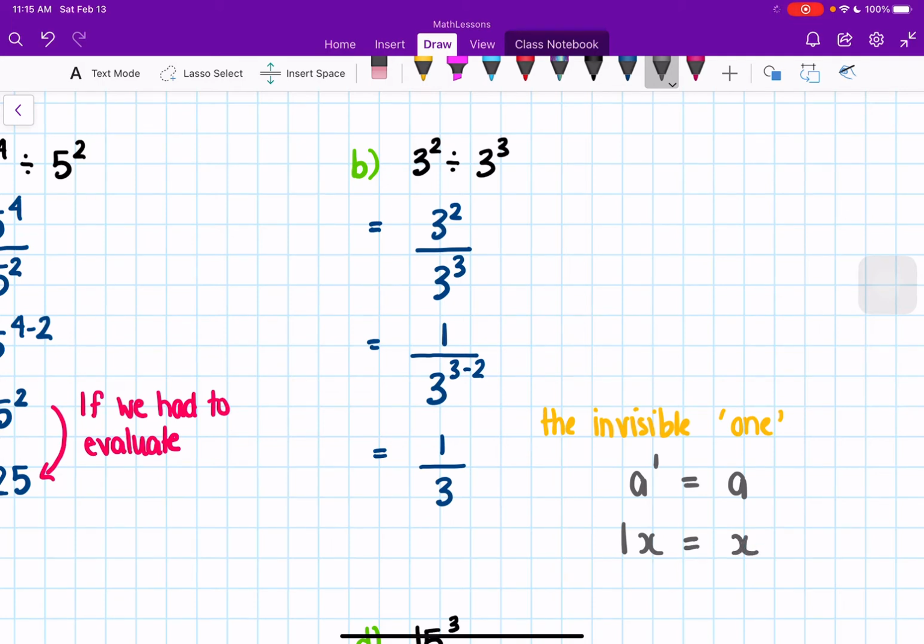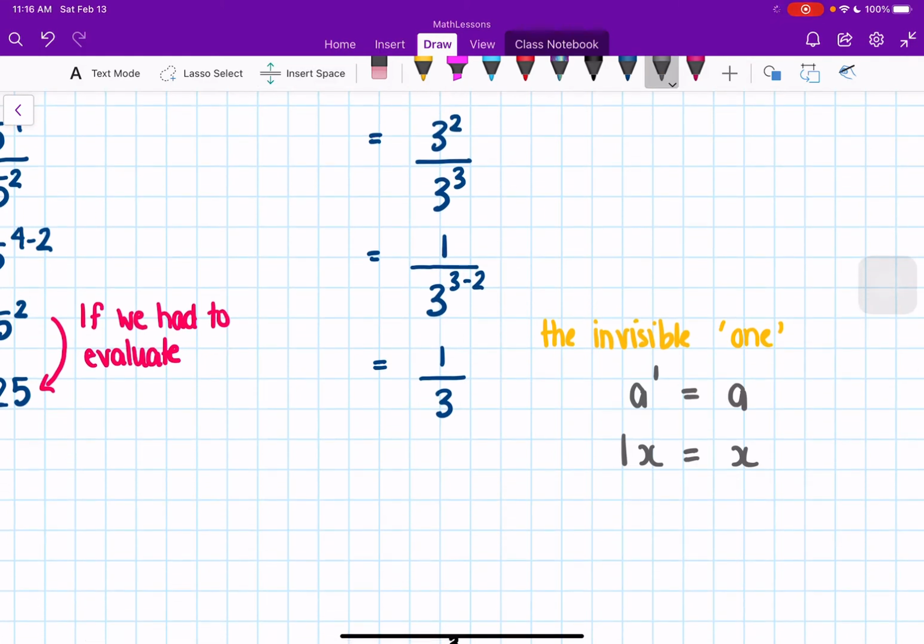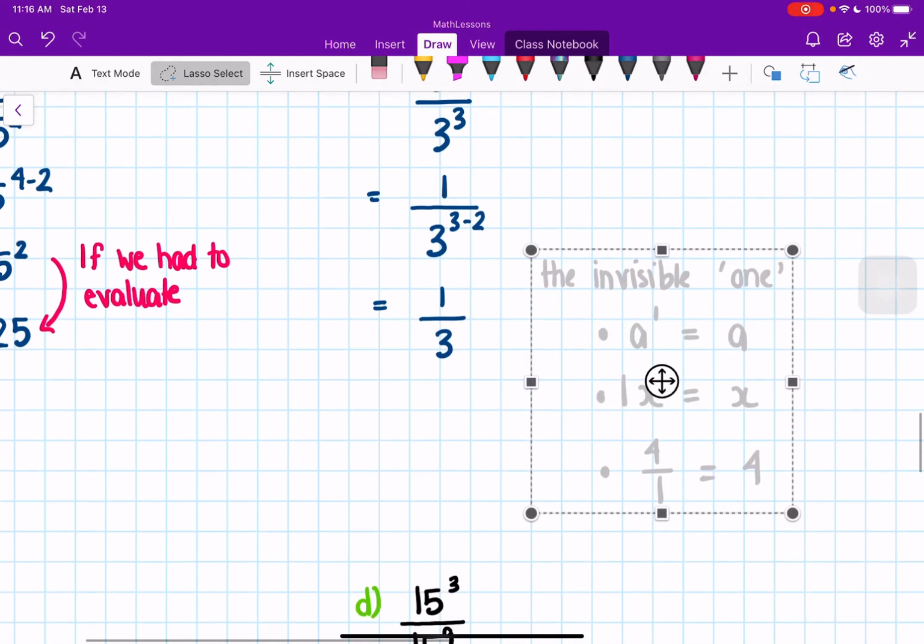Another invisible 1 happens when we have a number over 1. So if I have just the number 4, it's actually 4 over 1, but we don't write that 4 over 1. We just write it as the number 4. So those are all examples of invisible ones. Just as a reminder, when you subtract your exponents, if you get a power 1, we don't write that 1 up there, but we know that it's there. Okay, so that's important for us to remember.